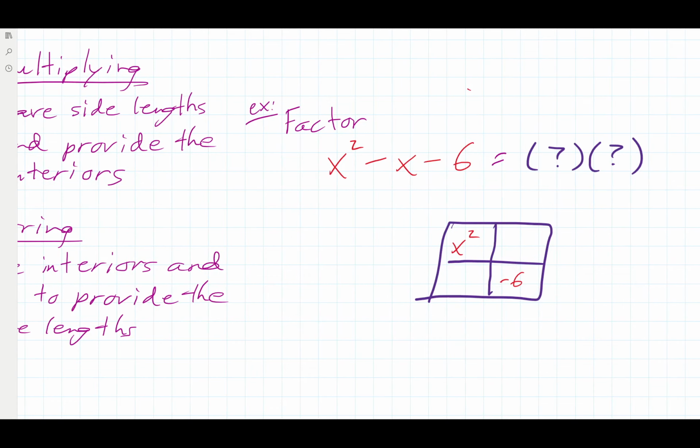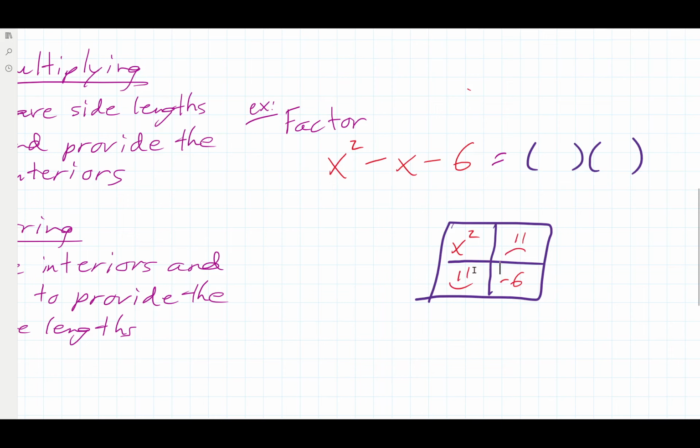I don't know what goes into the other two corners yet. But I'm going to use a little bit of symbols here. I'm going to say smiley face and frowny face. I don't know what those are yet.